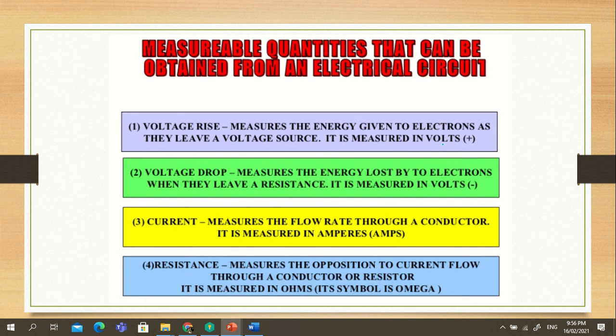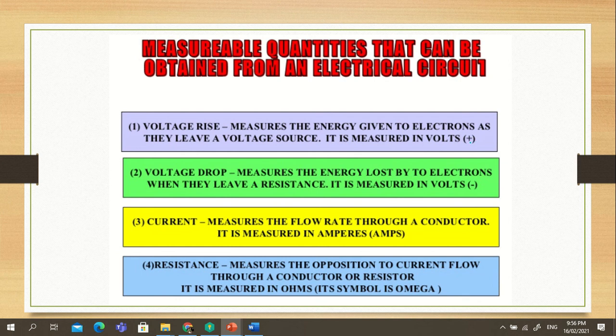It is measured in volts. The second one is voltage drop. It measures the energy lost by electrons when they leave a resistance. It is measured in volts. So normally given as negative. So this is a loss. Drop means loss. So that's why we have here a negative sign.